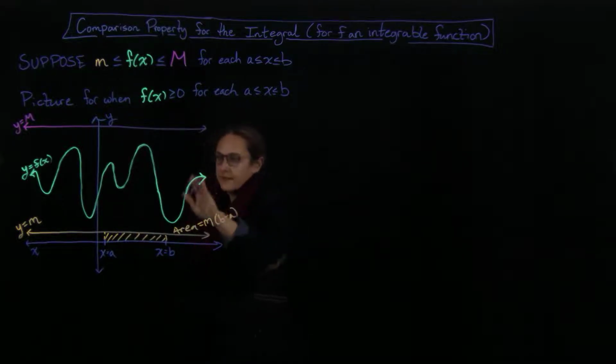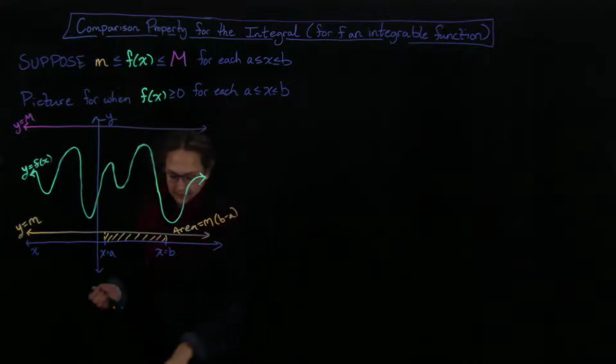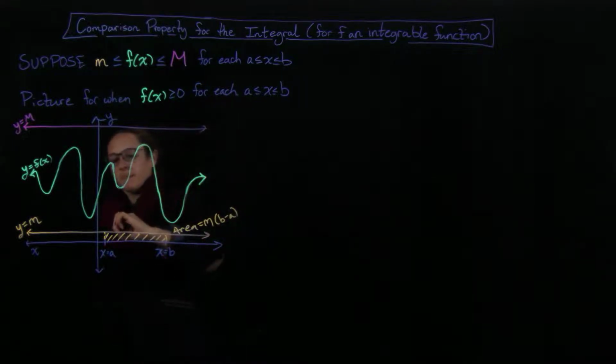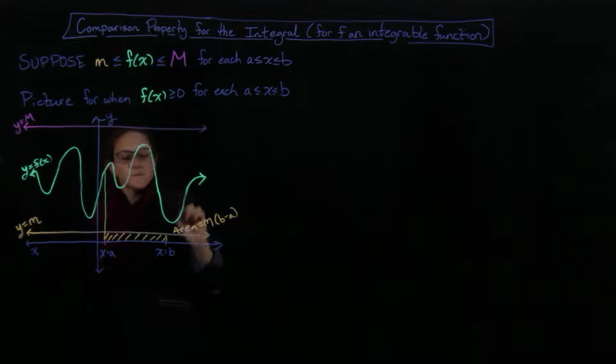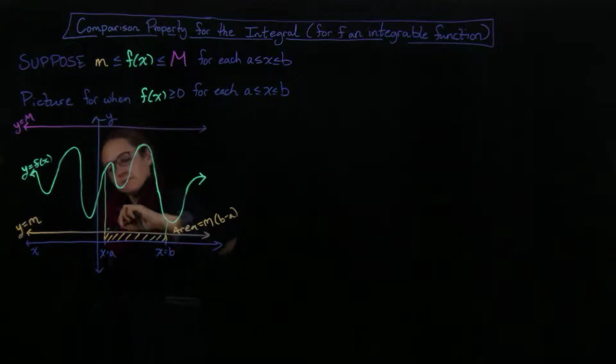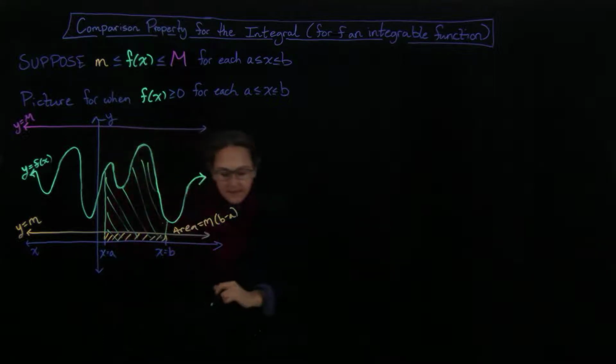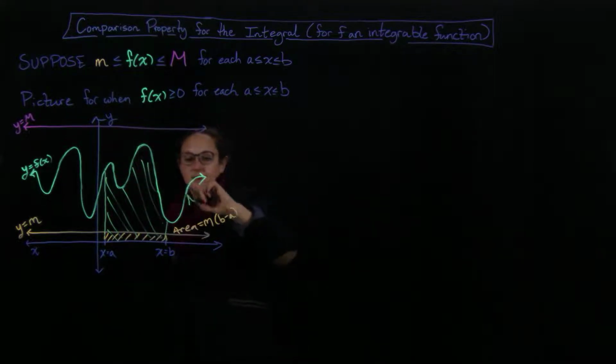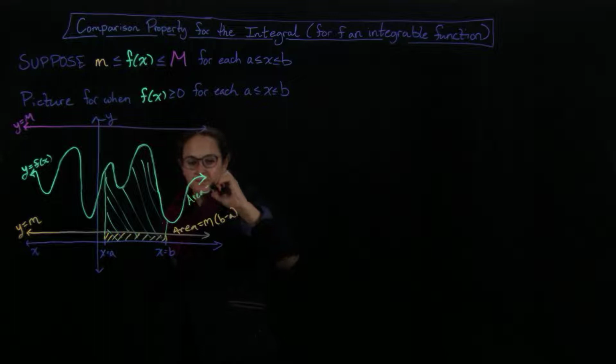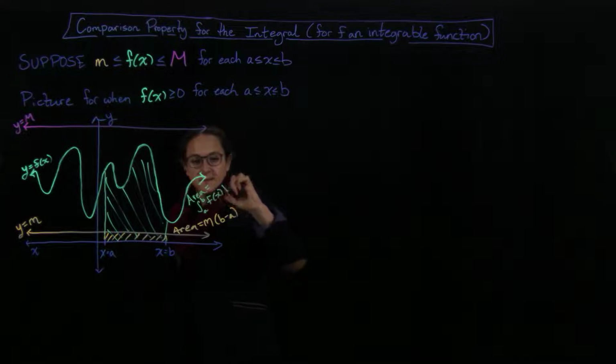And then for this one, if I want to look at the area under here, so I want to look at this whole area, now I'm taking the integral from a to b of f of x dx.